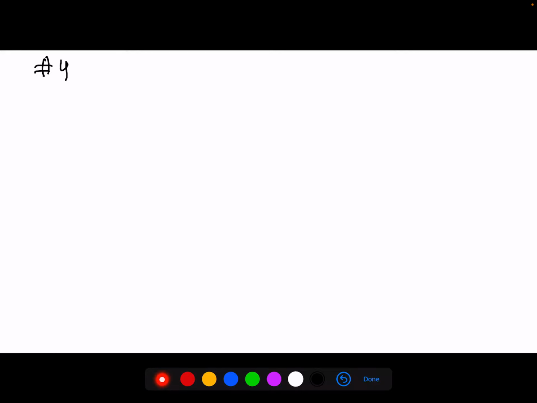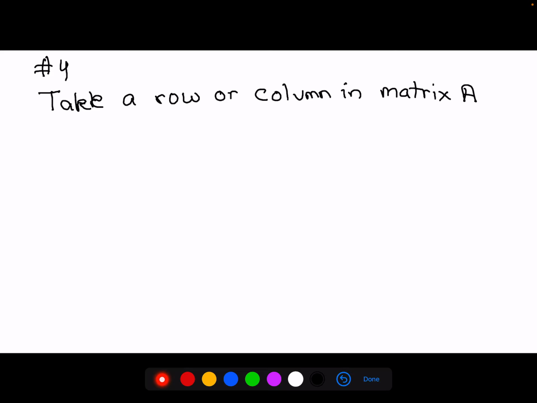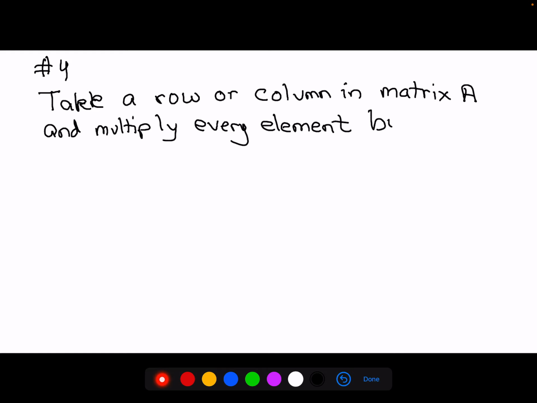Let's say you take a row or column in matrix A and multiply every element just in that row or column, whichever one you pick, by a real number k.